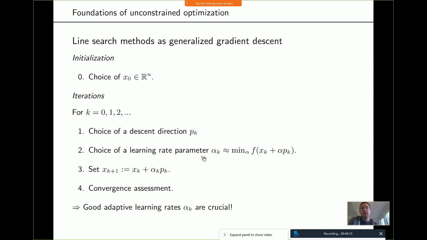And then the important thing, and this is usually what is not done in this very basic gradient descent, is that you have to think about the learning rate. Ideally, at least a good way to do it, is to have an adaptive learning rate that figures out how far to go into the direction pk that is sensible. So you try to find an alpha k which minimizes the value of the function in the direction alpha pk.